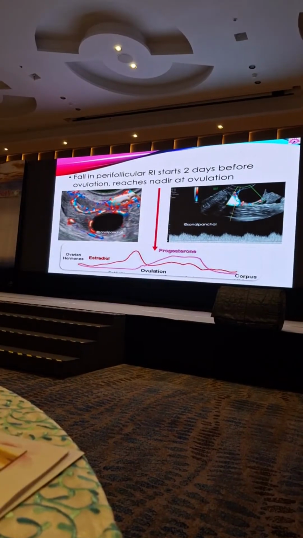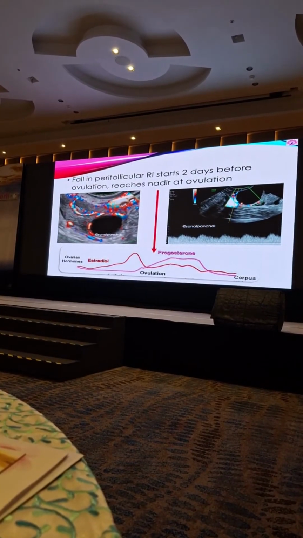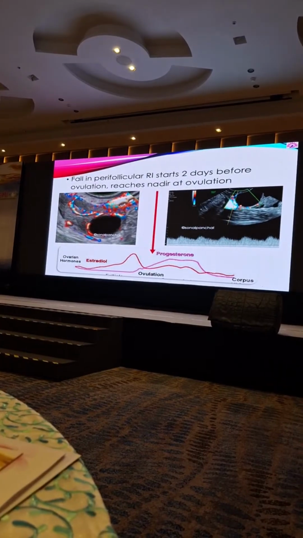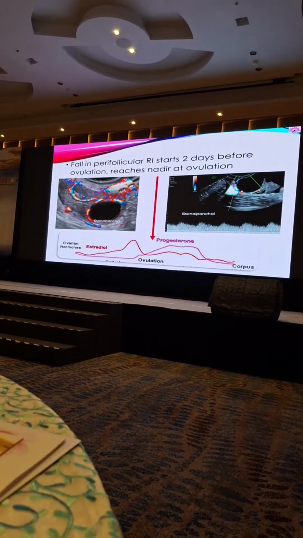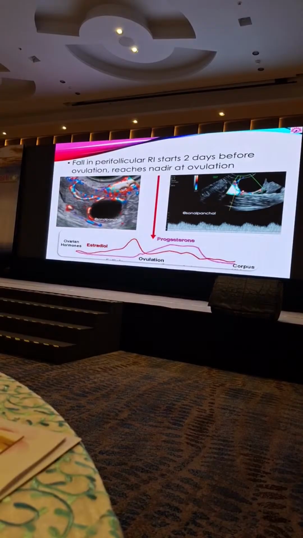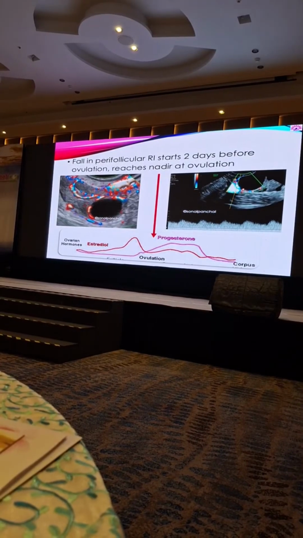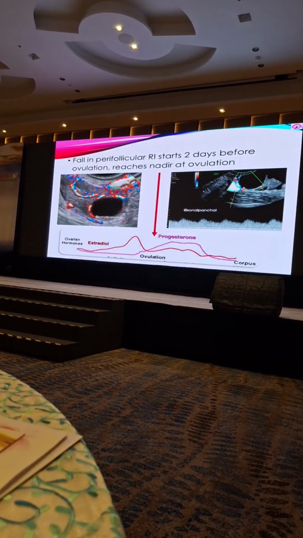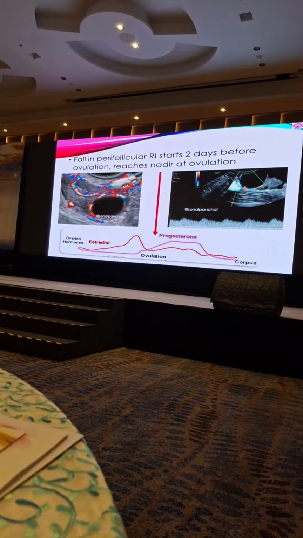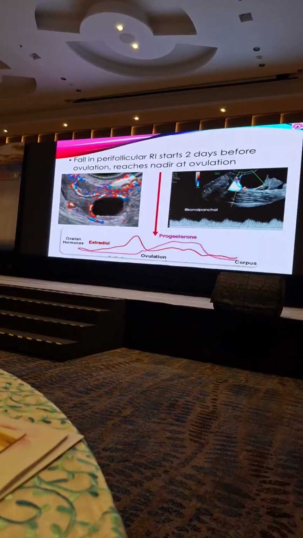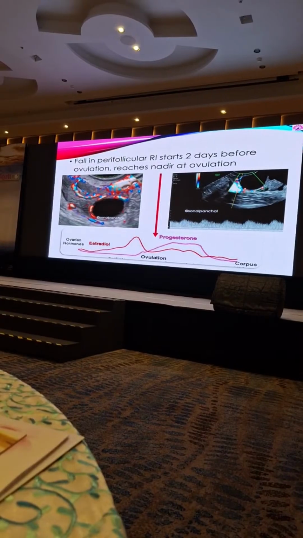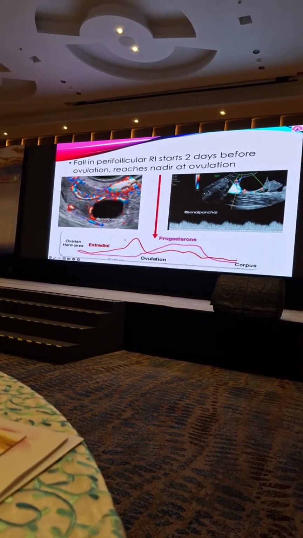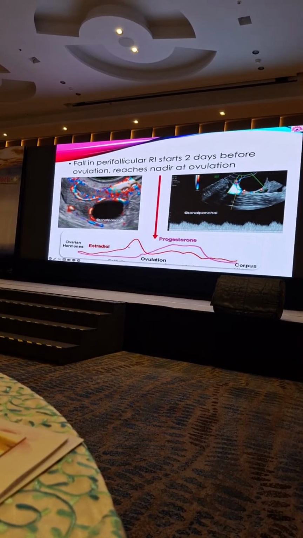We know that the final estrogen surge occurs about 48 hours before the ovulation. That means that a fall in the perifollicular RI tells you, yes, the estrogen surge has started. RI falls. That means, yes, now the follicle is almost functionally mature. It is functionally mature, the estrogen level has started rising, but it has just started rising.